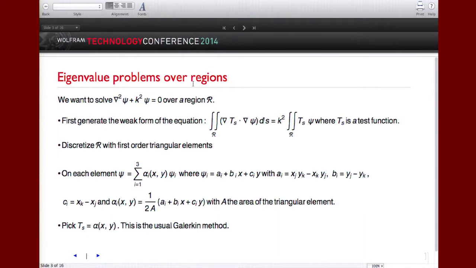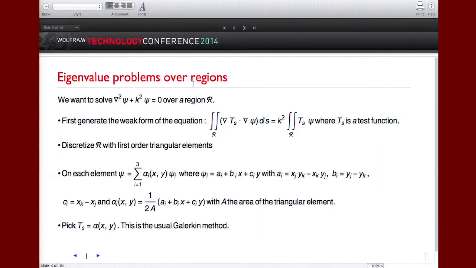So on each element, we approximate the function psi by some alpha I of x and y times psi I, where alpha I is linear in x and y, and the alpha I's are given by these combinations, where xi, yi, and so on depend on the vertices, okay?